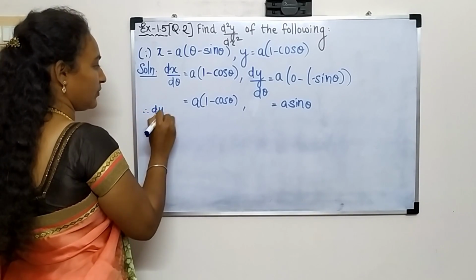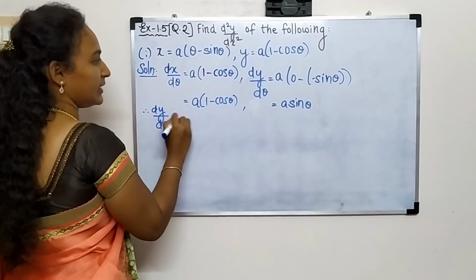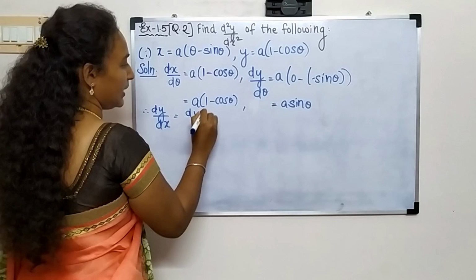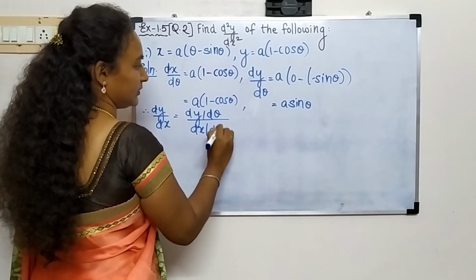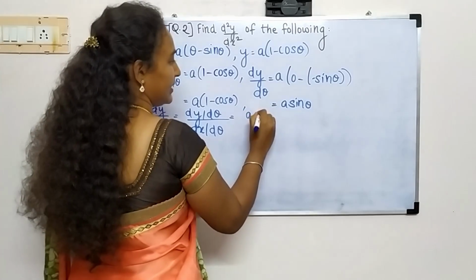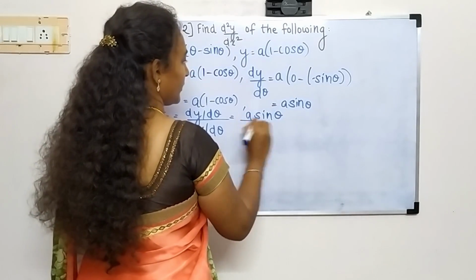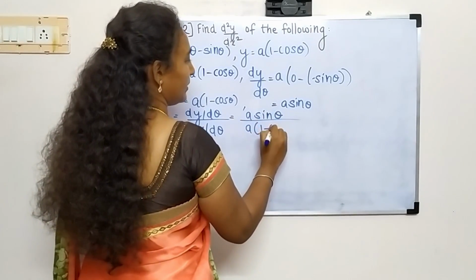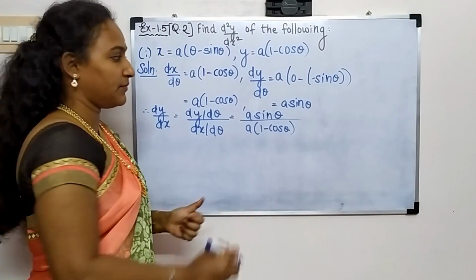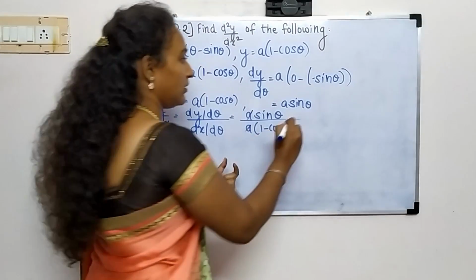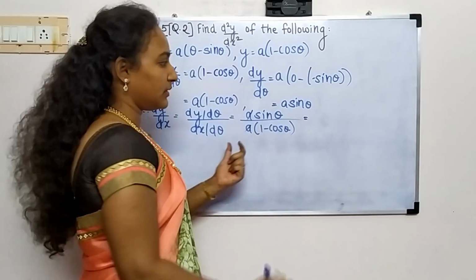Therefore, dy by dx is equal to dy by d theta upon dx by d theta. That is a sin theta upon a into (1 minus cos theta). Now let us cancel out a first. Now we are going to simplify this further.